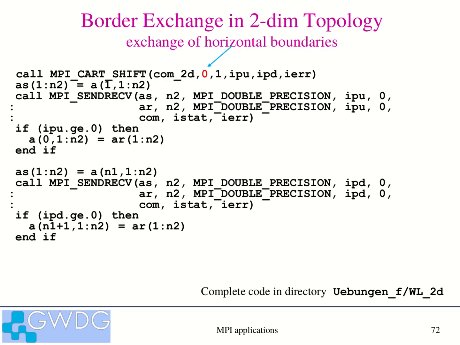You have to copy the row, which is not contiguous in this array A, because in this two-dimensional array the columns are contiguous but not the rows.